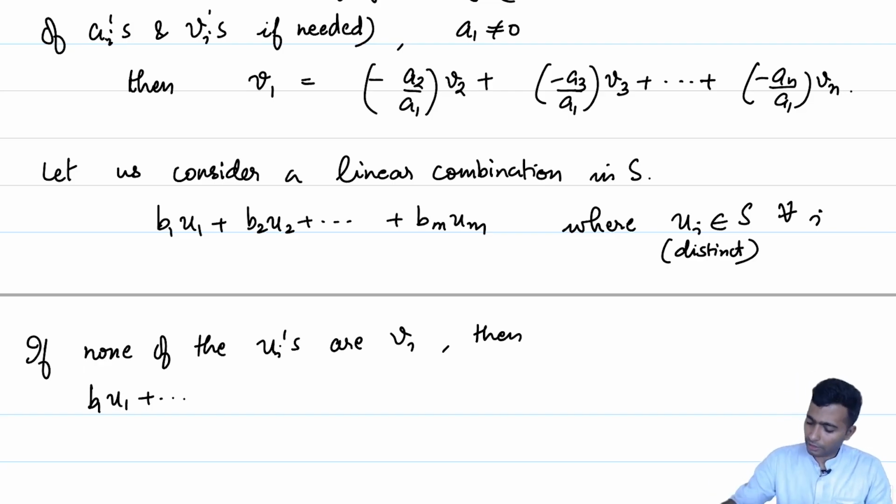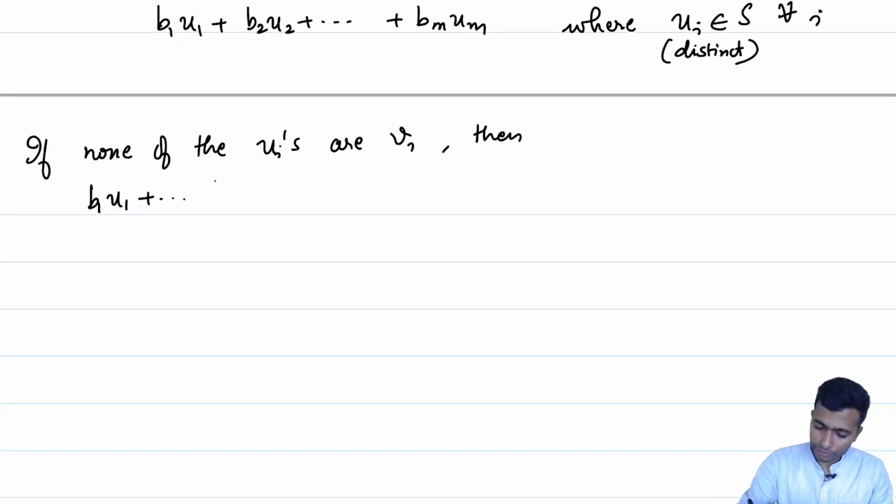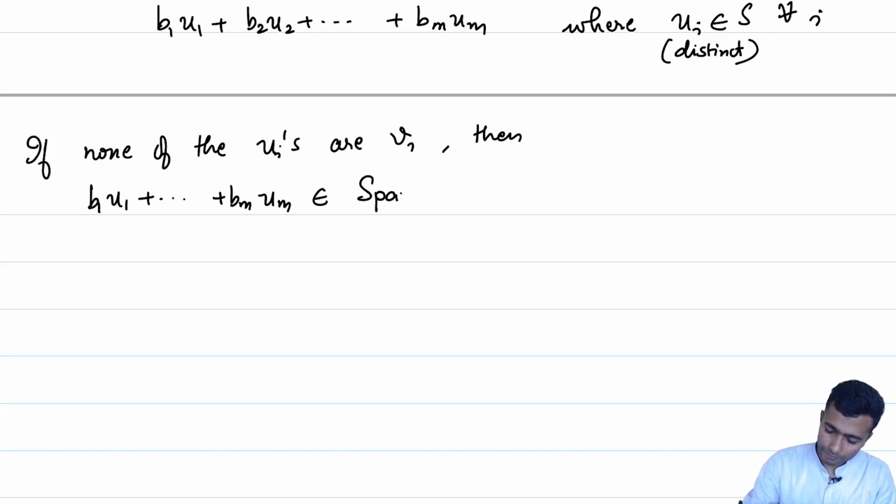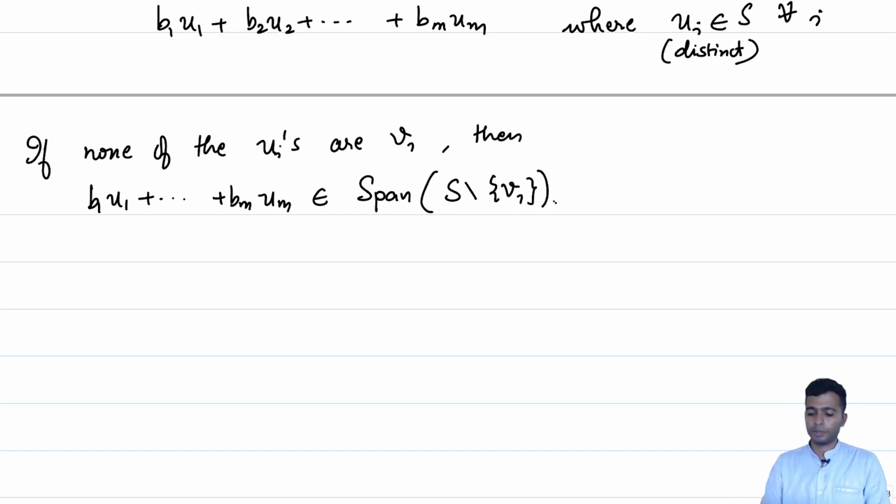If none of the ui's are v1, then b1 u1 plus b2 u2 plus up to bm um already belongs to the span of S minus v1.